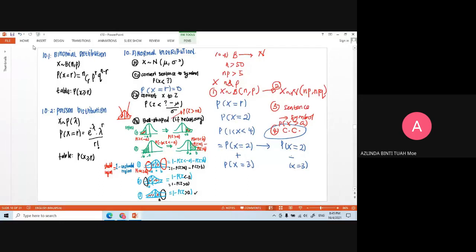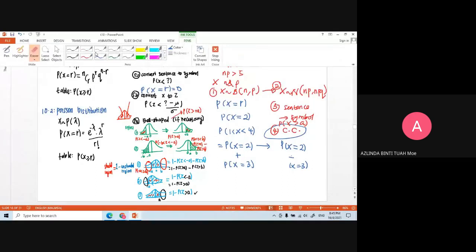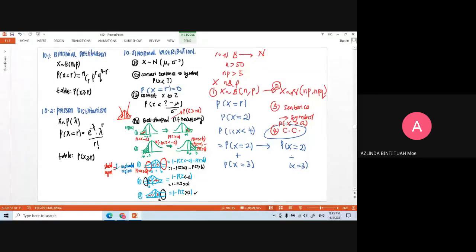So sebenarnya dalam continuity correction, idea dia adalah we are converting every single integer into decimal number.